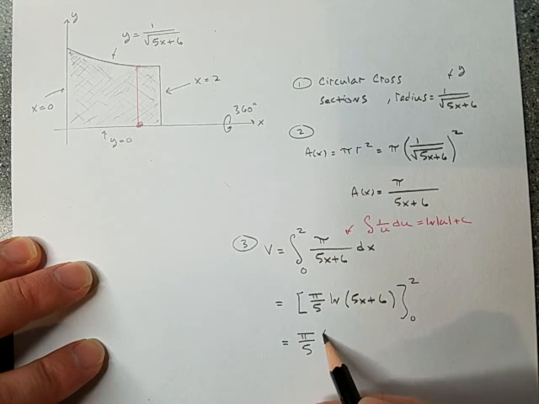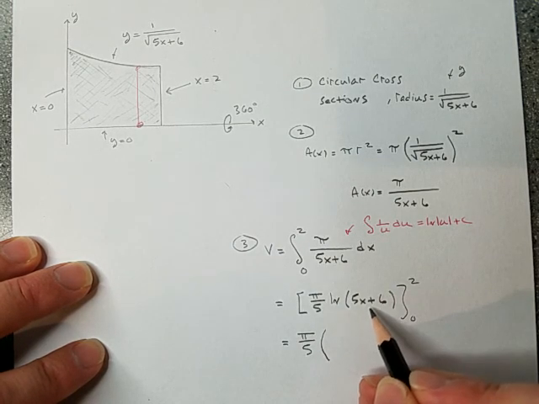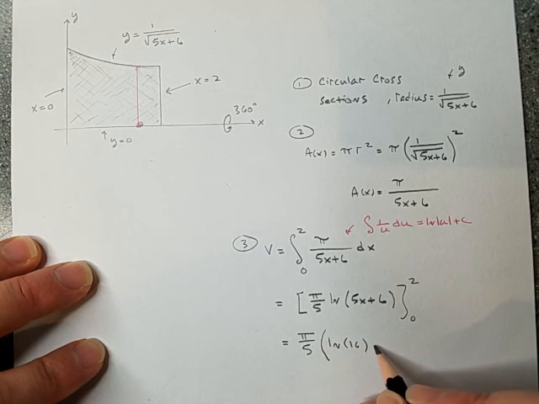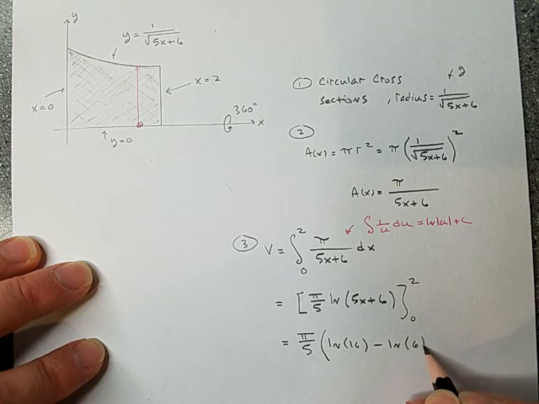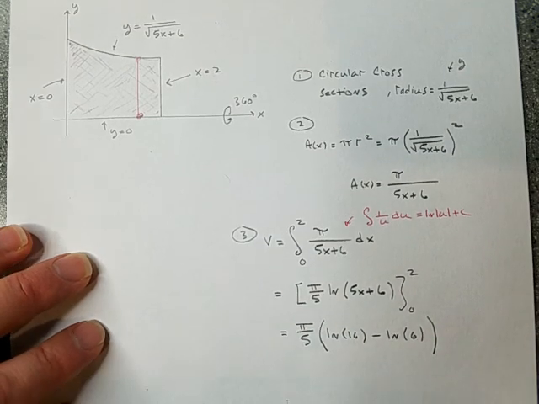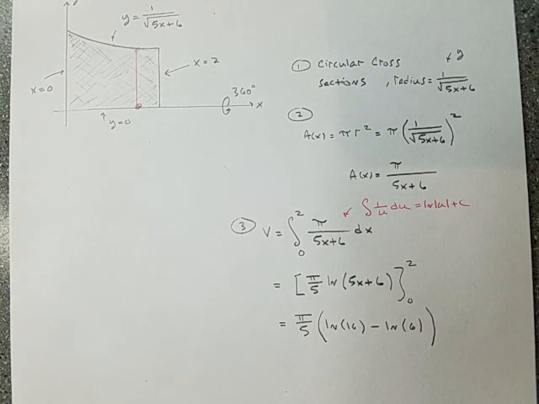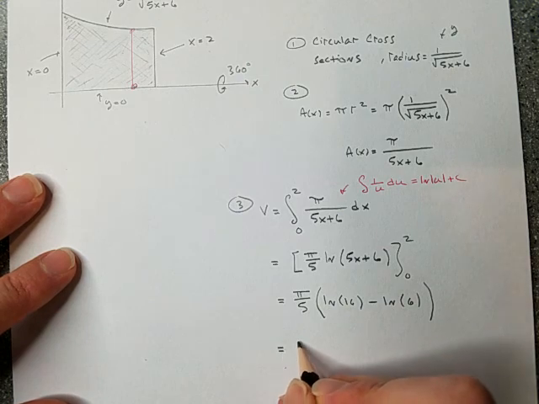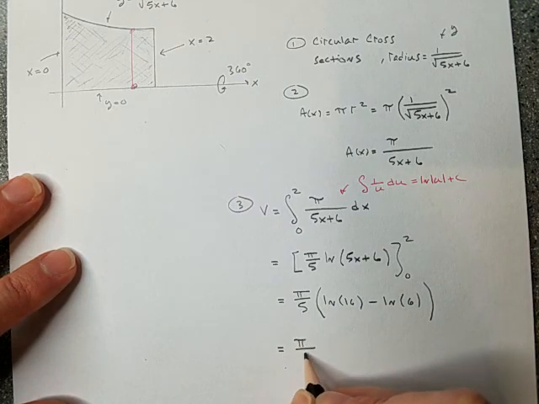All right. Okay, so anyway, so this is going to be pi over 5. And let me just multiply like this. If I put 2 in, I'll get natural log of 16. And minus, if I put 0 in, I'll get natural log of 6. Okay. And I think that WebAssign would probably accept that. But just in case, I'll tell you something that I think you should know anyway.